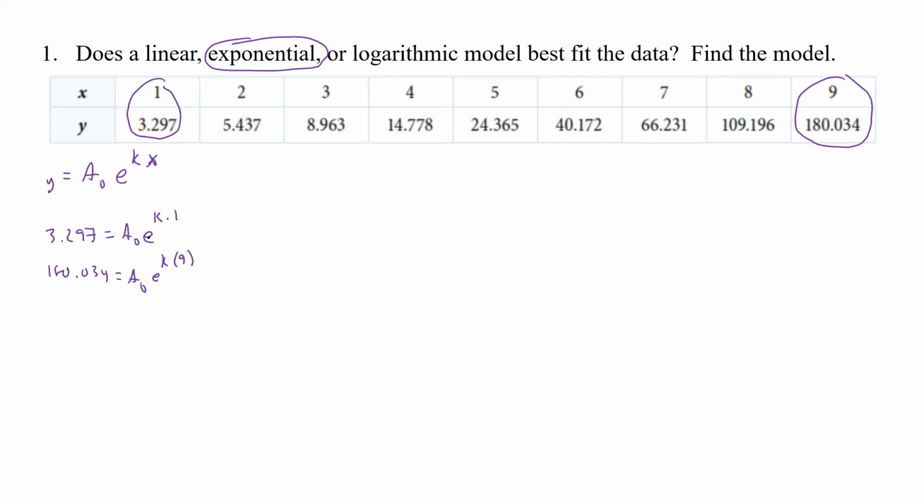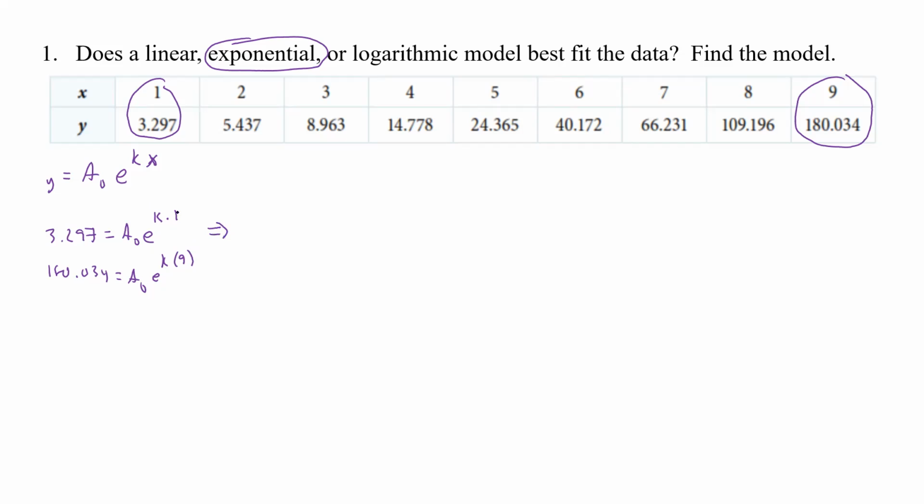Now, if I think about this, e to the k times 1 is just e to the k, and this is e to the 9k, and we have a naught in both. So a naught is probably the easiest thing to solve for, and then plug into our other equation to look for the k value. I'll take the first one, though you could take the second one, it doesn't matter.